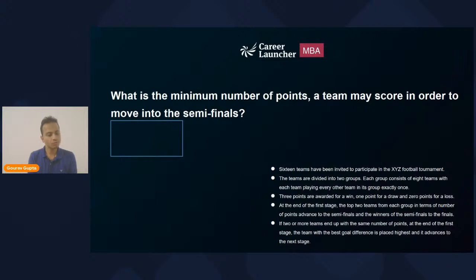What is the minimum number of points a team may score in order to move into the semifinals? A team has to move into the semifinals. Now, the last statement says, look at the given data: if two or more teams end up with the same number of points at the end of the first stage, the team with the best goal difference is placed highest and it advances to the next stage.